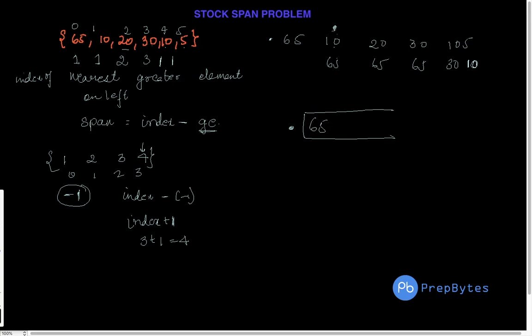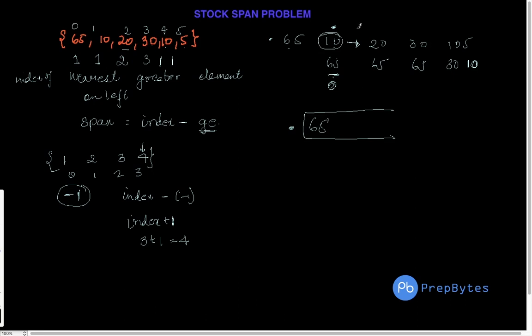We'll see how. So in this case, we have 10. We compare it with 65. Since obviously 65 is greater than 10, for this it's 65, and the index is 0. Now for any element after 10, the greater element could either be 10 or 65. Do I have any other option?